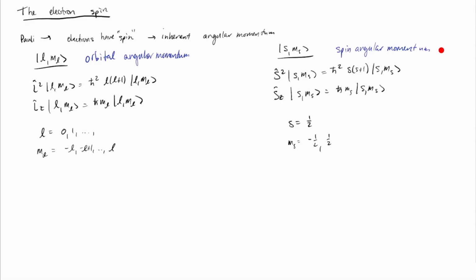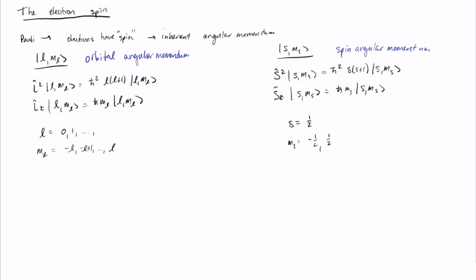Okay, so what does this mean? This means that spin and orbital angular momentum, so the S and m_s versus L and m_L, have the same basic structure. They have the same common themes in terms of how the eigenvalues look. Also their degeneracies. So there are 2 states.